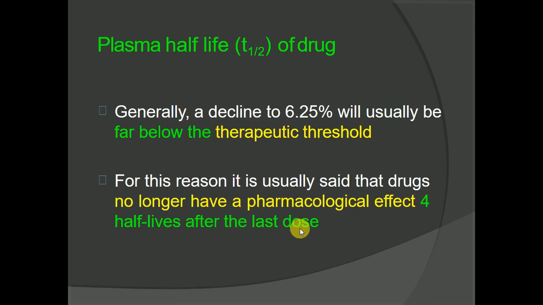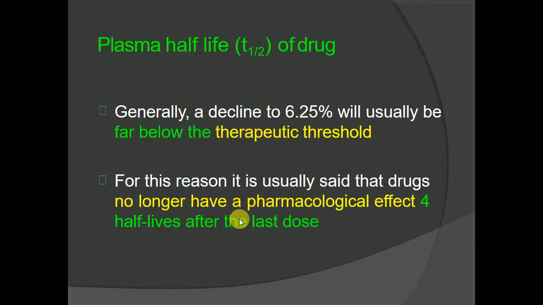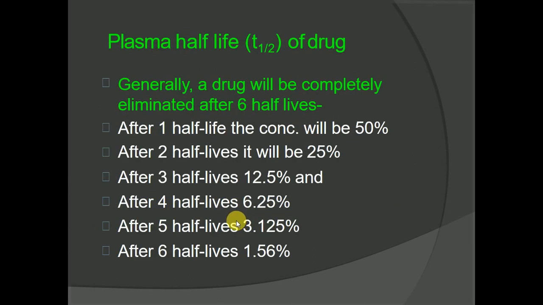It means in these conditions the drug will lose its pharmacological effects once it crosses the stage of 4 half-lives. It is necessary that the concentration be reduced to 50% first, not directly to this range after 4 half-lives.